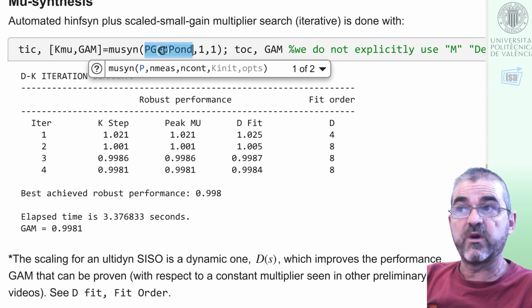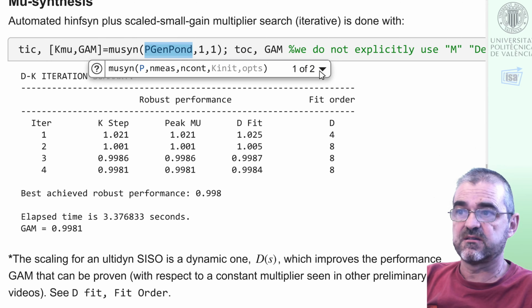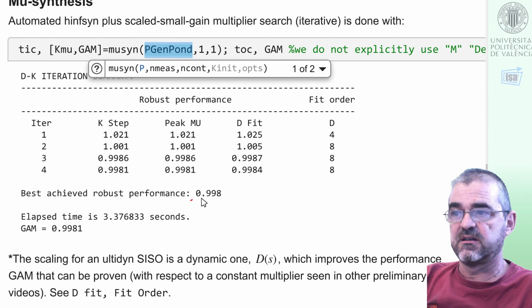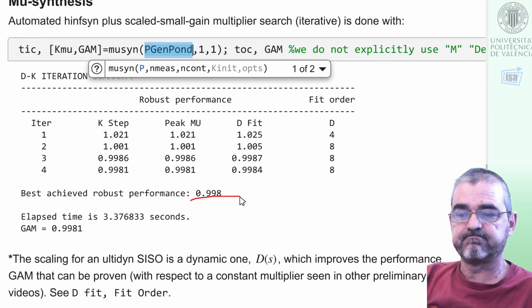We just give it the weighted generalized plant, the number of sensors and the number of manipulated variables, and it iterates and proves if this number is less than 1, robust performance.